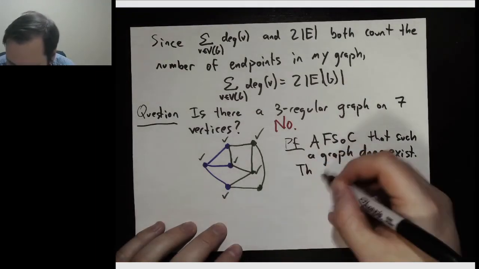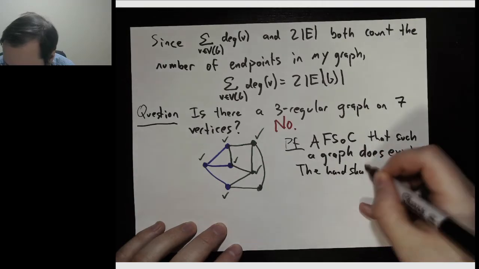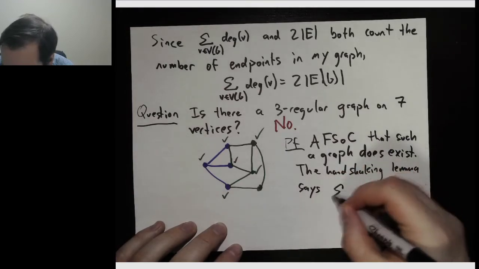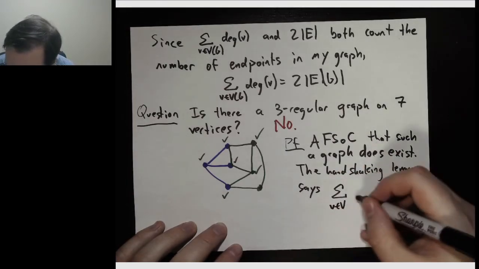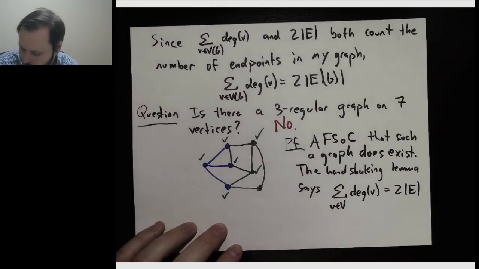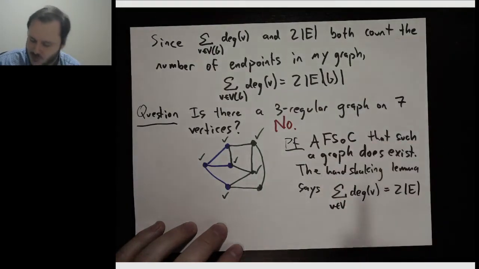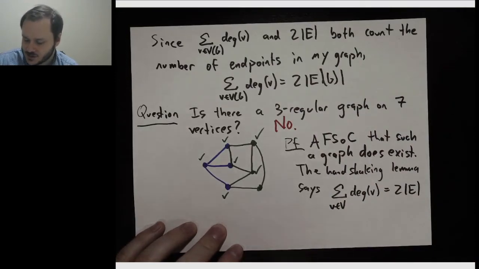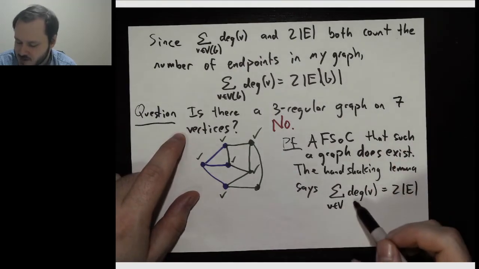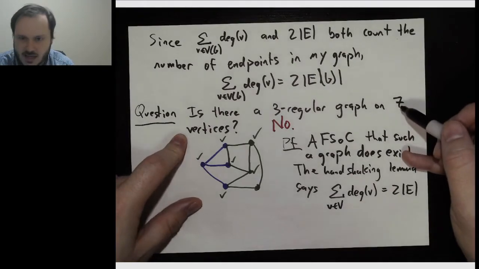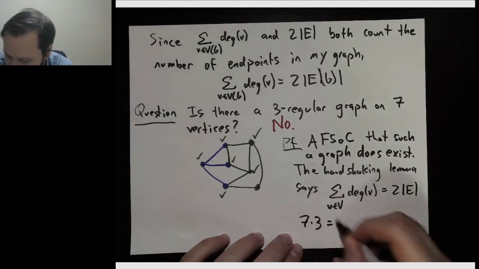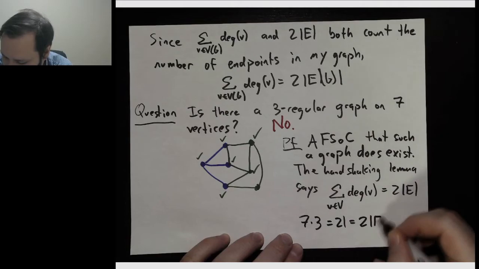So the handshaking lemma says that if I add up the degree of every vertex, I'm supposed to get twice the number of edges. Well, this is a 3 regular graph. So every vertex has degree 3, and there are 7 vertices. So I'm adding up 3 for every vertex in the graph. That means I'm adding up 3 7 times. So that tells me that 7 times 3, which is 21, is supposed to be twice the number of edges.